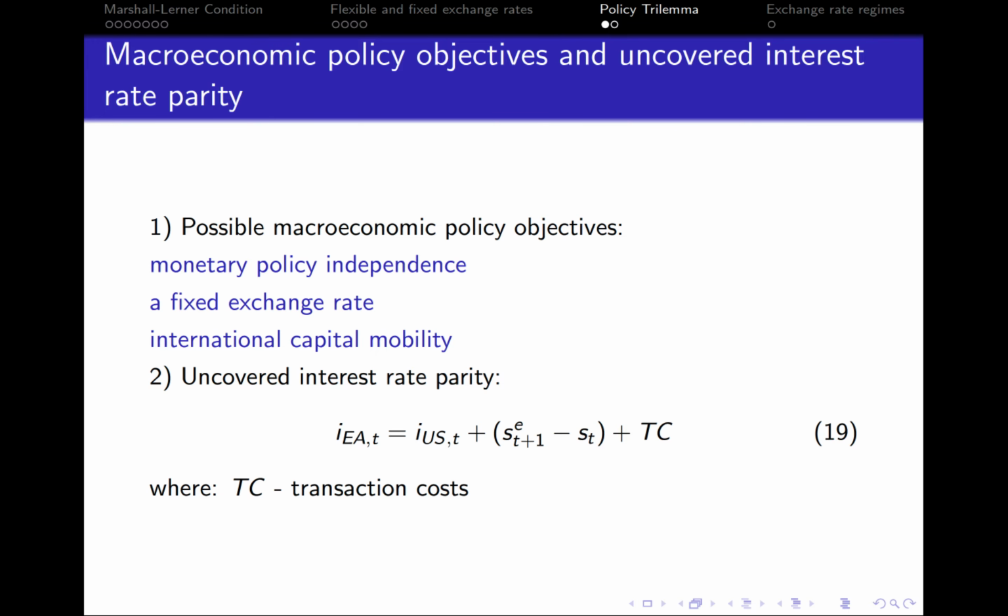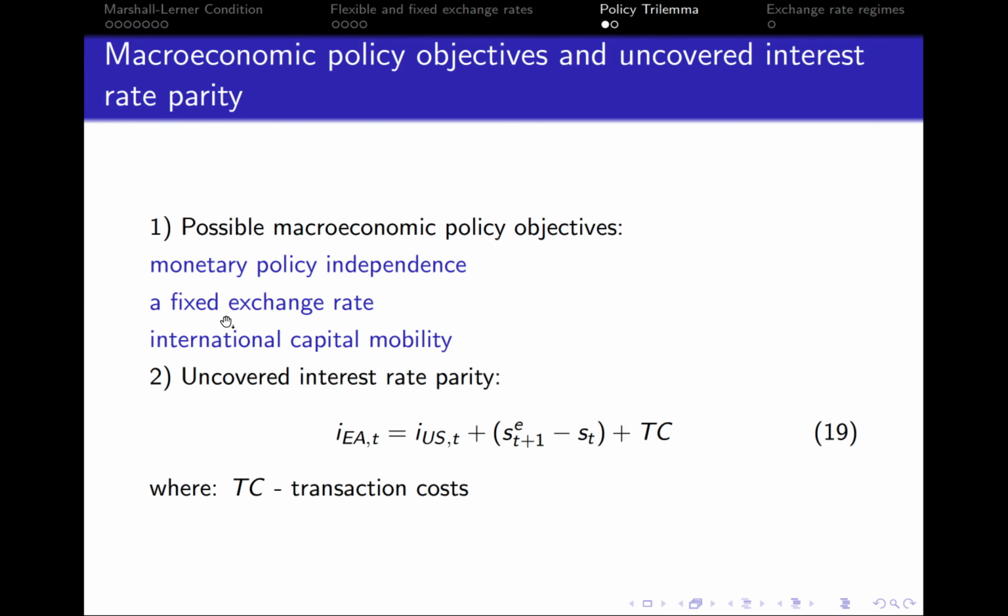When we were talking about forward exchange rates, if we have a fixed exchange rate, we don't need to have forward exchange rate because we know exactly what the value of the currency is going to be in the future, which can greatly decrease costs of international trade, and by doing so, the international trade is going to increase.